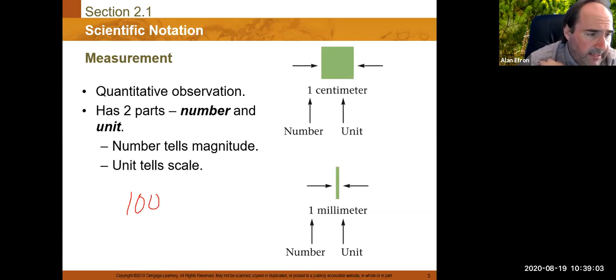I could have 100 pennies, which is very different than 100 candy bars. That's very different than having 100 $5 bills. So the unit part is extremely important. It gives people a reference in terms of what that number means, what it is in relationship to.